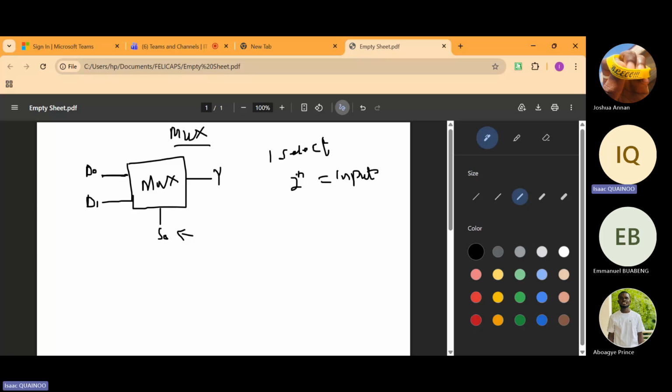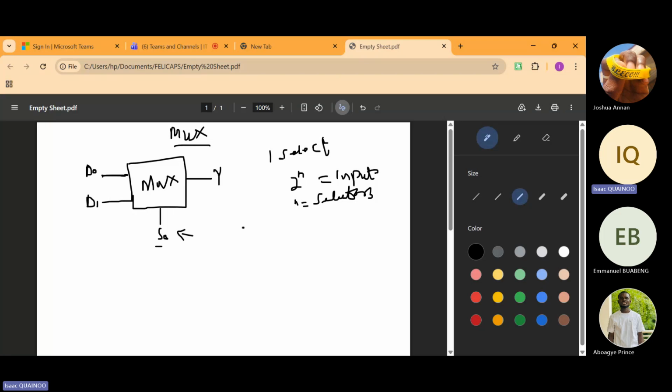Instead of n, you can use x, but n is equal to your select lines. All right. So assuming that in the diagram that you are given, you can only see A0, so you have only one select line.